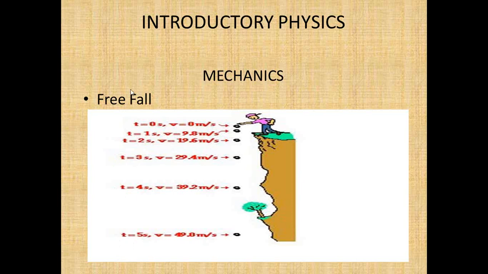When you're talking about free fall, the acceleration due to gravity is 9.8 meters per second squared. When you drop an object, at t0, v0, the first second, velocity is going to be 9.8 meters per second. The second second, it's going to be 9.8 plus another 9.8, so 19.6. So every second it is going to increase by 9.8 until it hits the ground.